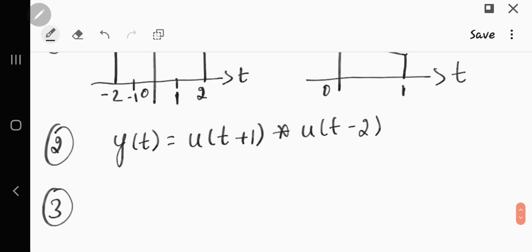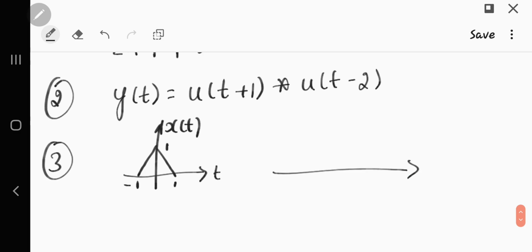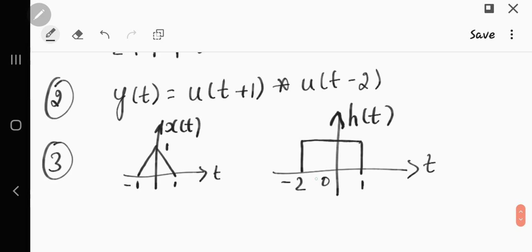Okay. And try this one as well. A triangular pulse from minus 1 to plus 1, let it be your x of t with amplitude 1, and you convolve this with a rectangular pulse varying from minus 2 to plus 1.